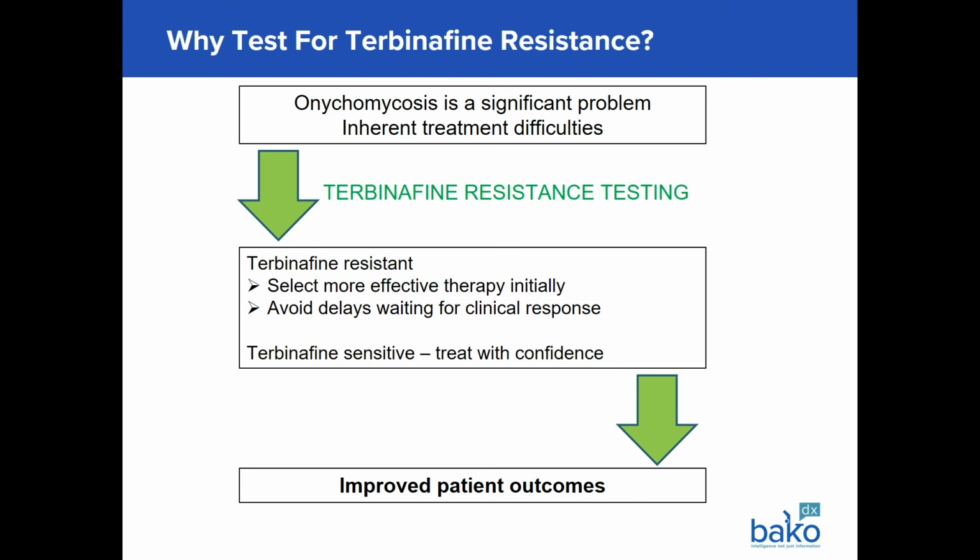And you avoid the prolonged delays when you have the wait and see approach of treating and waiting for several months to see if you get a clinical response. If the organism is terbinafine sensitive, then we can go ahead and treat with confidence. So this should all lead us to getting better patient outcomes and happier patients.